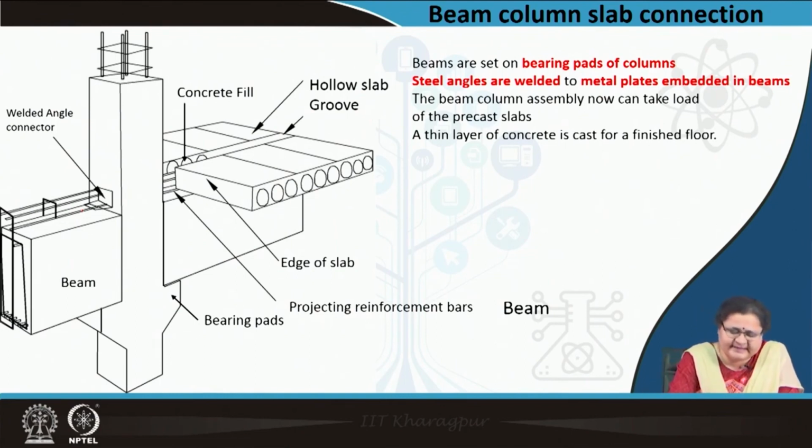So the beam, you may check, is sitting on the bearing pad, which is a projection in the column. That has also to be designed so that this projection is always left in that particular position. The beam is resting on it.